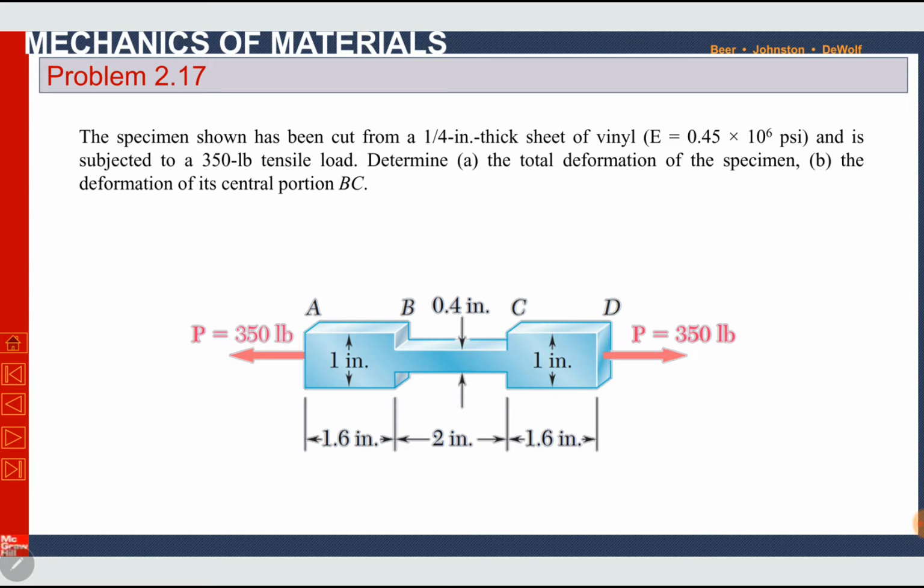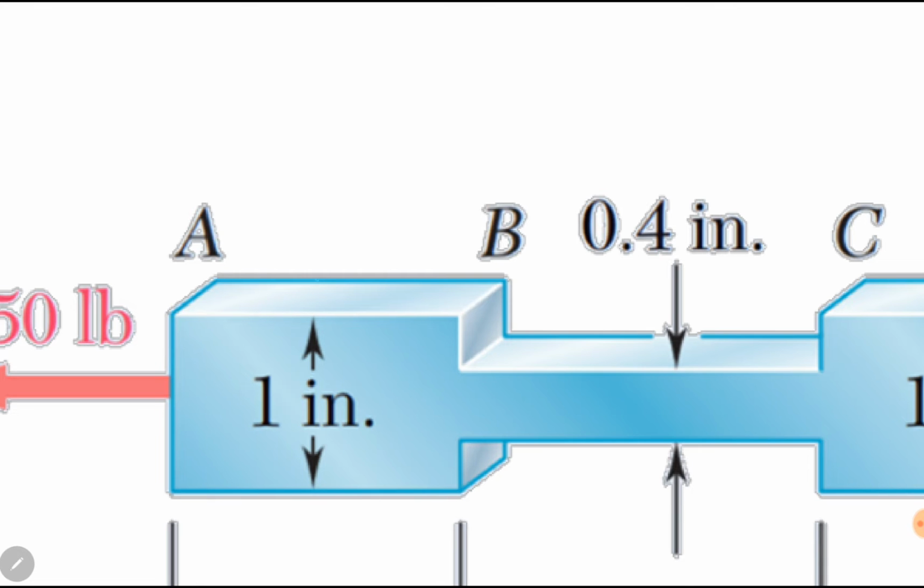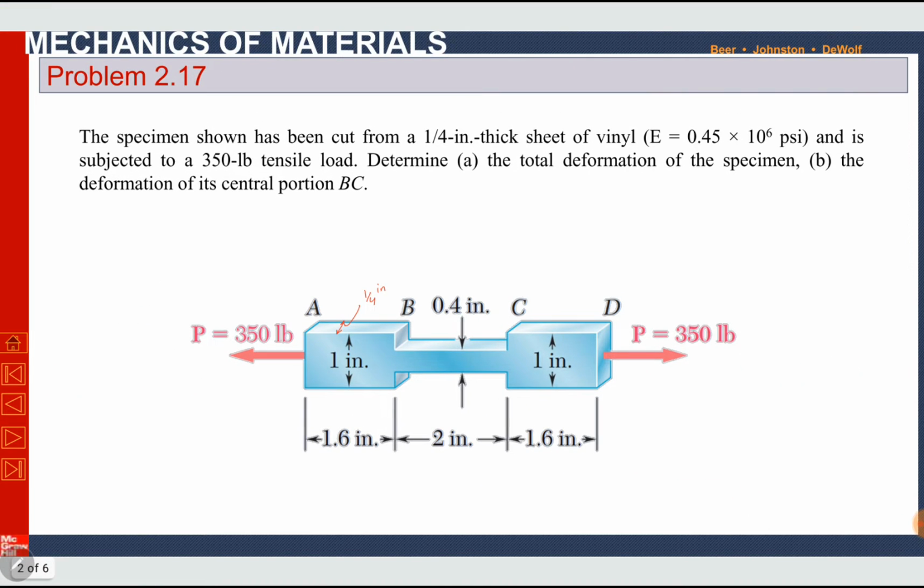The specimen shown in the diagram has been cut from a 1/4 inch thick sheet of vinyl. So it means the thickness of this specimen is 1/4 inch. Modulus of elasticity is 0.45 times 10 to the power 6 psi, and it is subjected to a 350 pounds tensile load, which is shown here.